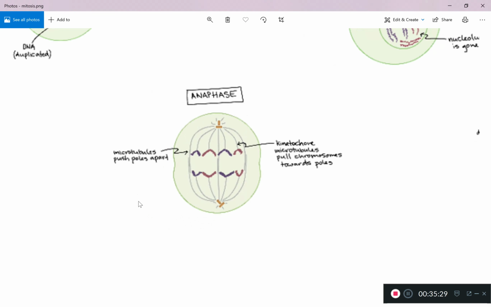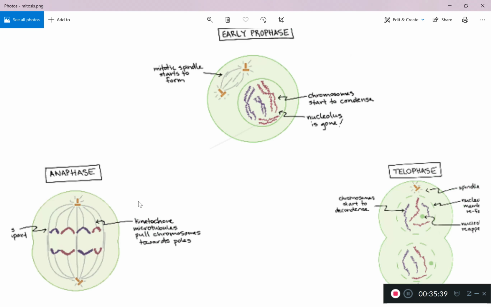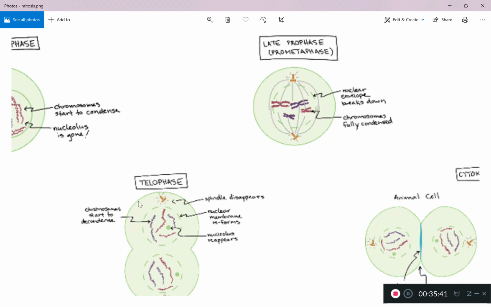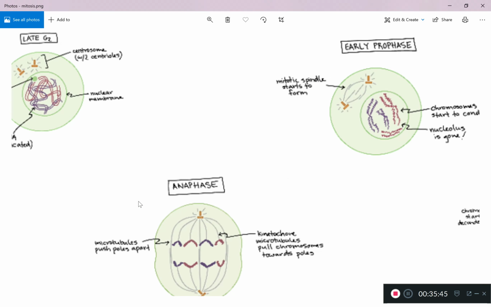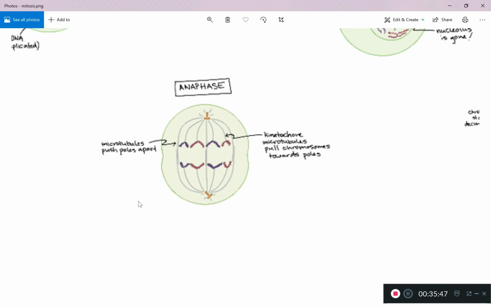So anaphase is where you have cohesion proteins that hold together the sister chromatids. Originally, if you see back here, it kind of looks like an X. There were cohesion proteins present holding it together. But now those proteins are cut.